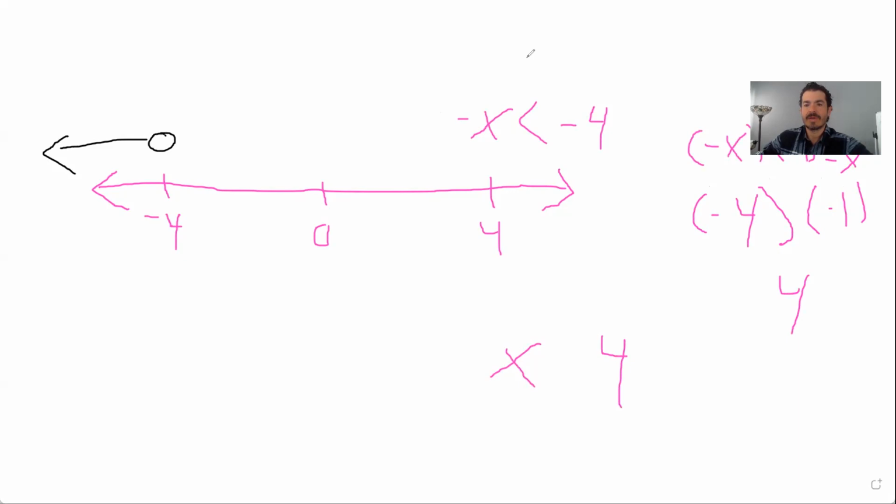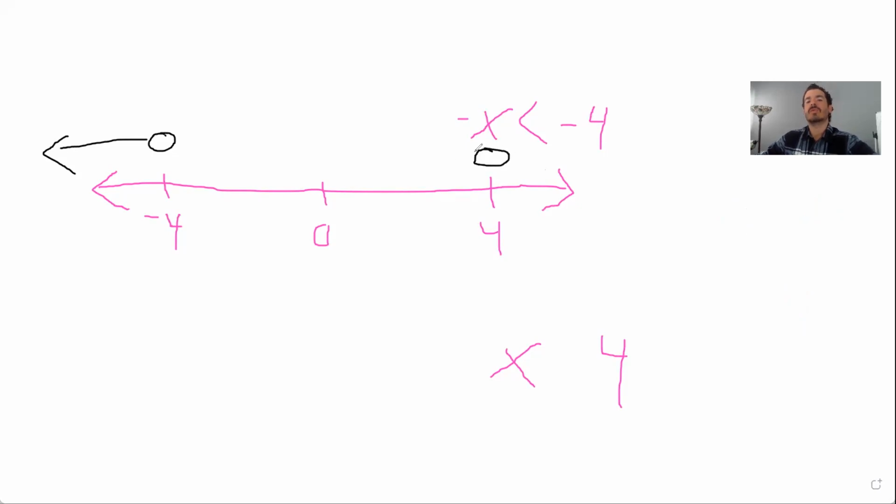I'm going to erase some of this stuff here to give myself a little bit more space. At this point, I know that my x, the opposite of what I was given, is going to begin at positive 4.